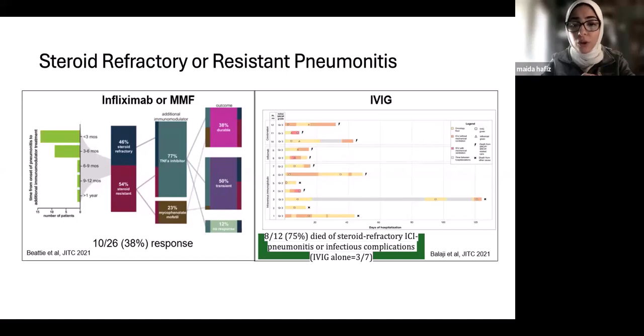Whereas another study, which looked at the use of IVIG, infliximab, or a combination of these, found 75% still died of steroid refractory ICI pneumonitis or infectious complications. So I just brought this data here because we do not have clear data for ADC pneumonitis, and I just wanted to show that we do not have good guidance even for ICI pneumonitis and do not have good options beyond steroids.